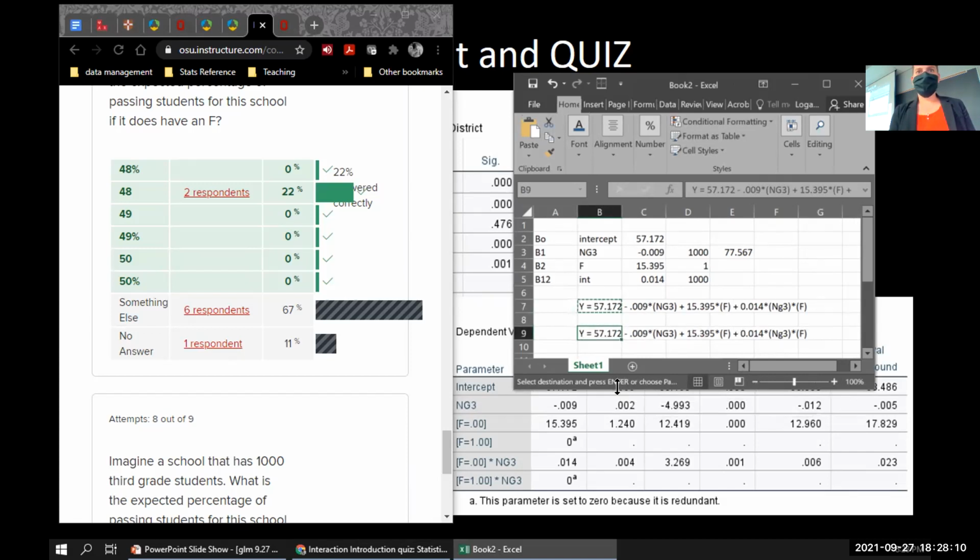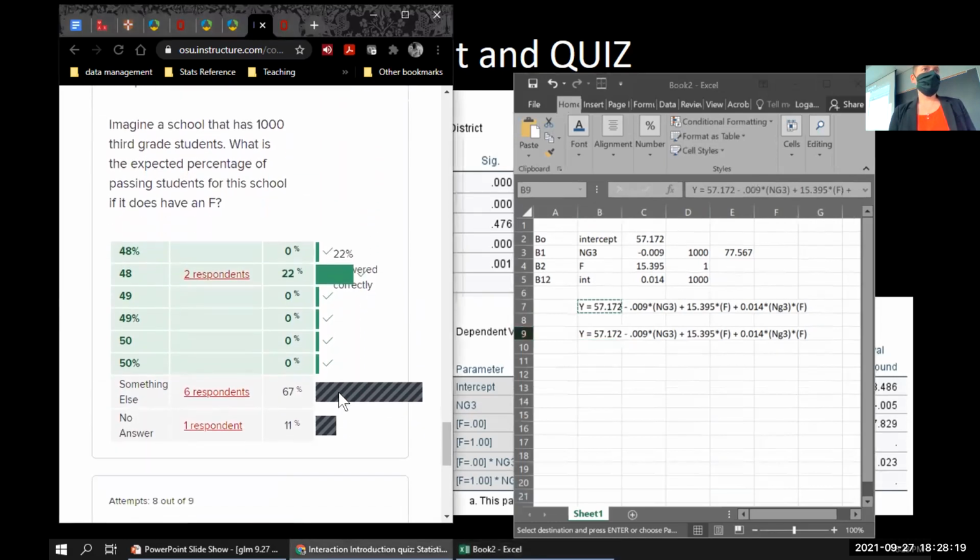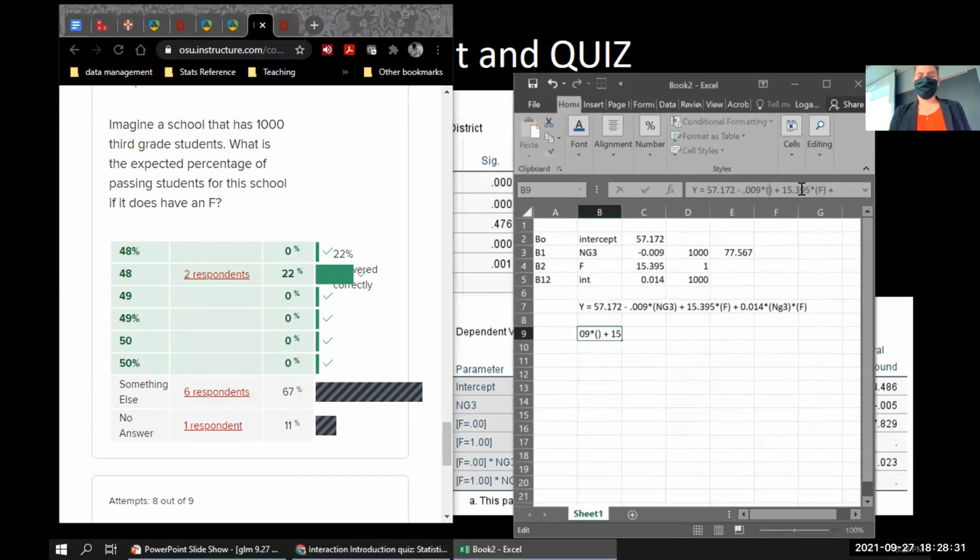So let's next go through this and say, what was my first one? A school has 1,000 third grade students. So I'm going to plug this in as 1,000. And I'm going to plug this in as 1,000. Does that make sense so far? Okay, then as a next step, what am I asking?